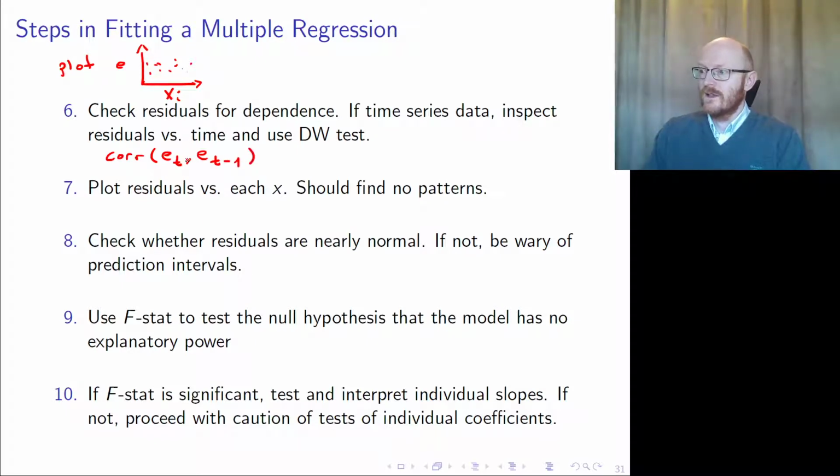For example, with t measured in days, you have the error for one day correlated with the error on the day before. For this you can use the Durbin-Watson test of autocorrelation.